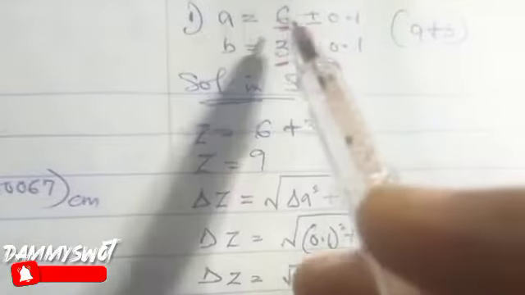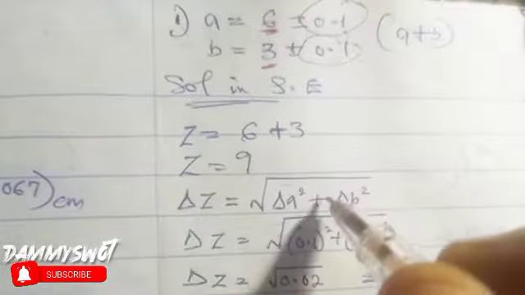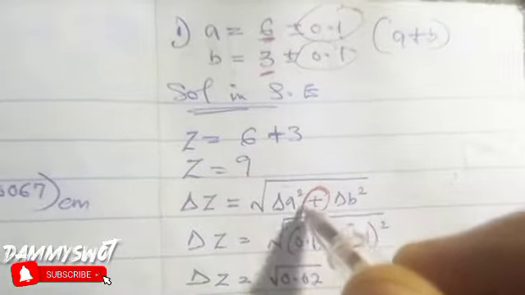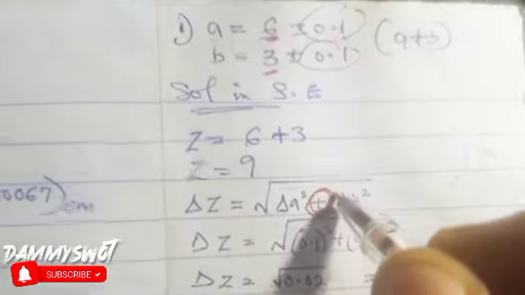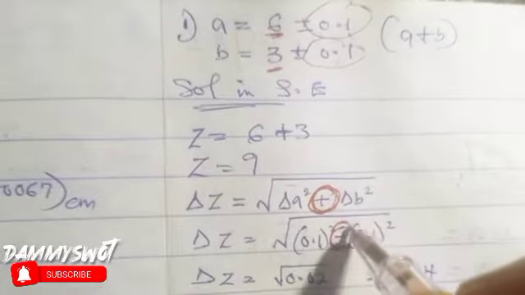Please take note, these are your z in your question, and the errors cannot be subtracted. These are your errors. They cannot be subtracted. They are always added. You will always be adding them.